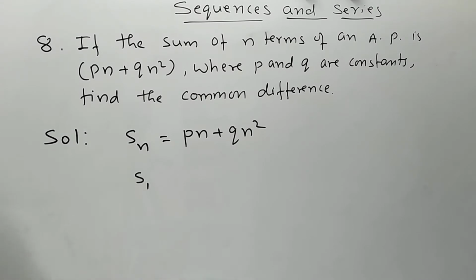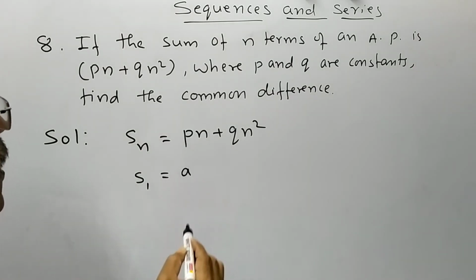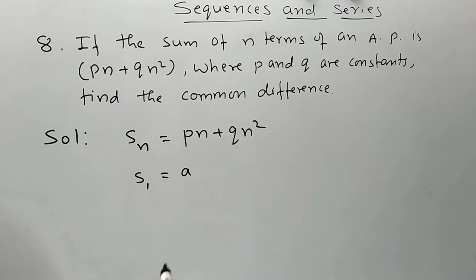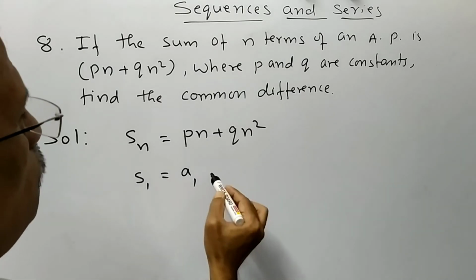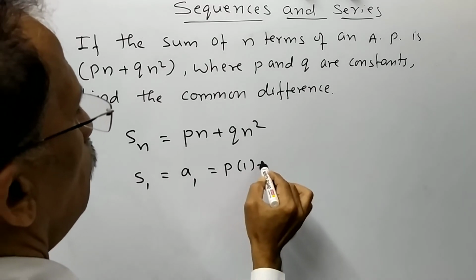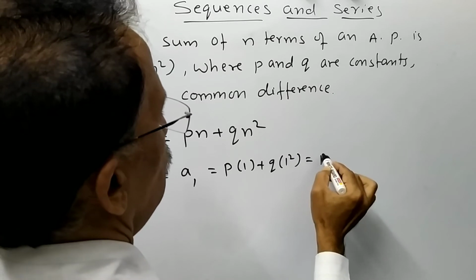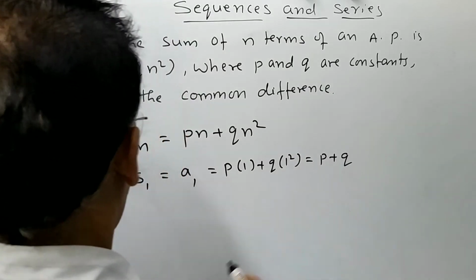S1 is equal to, that is a or a1, first term, sum of first term, is equal to P into 1 plus Q into 1 square is equal to P plus Q.